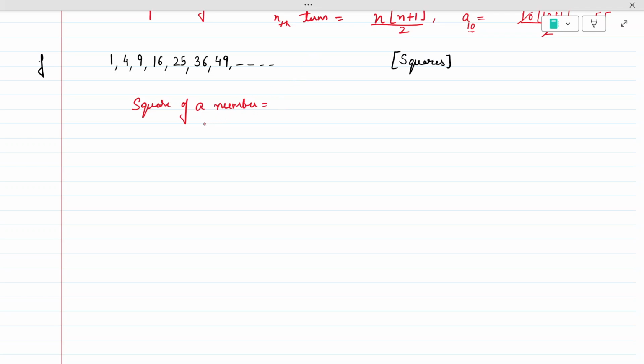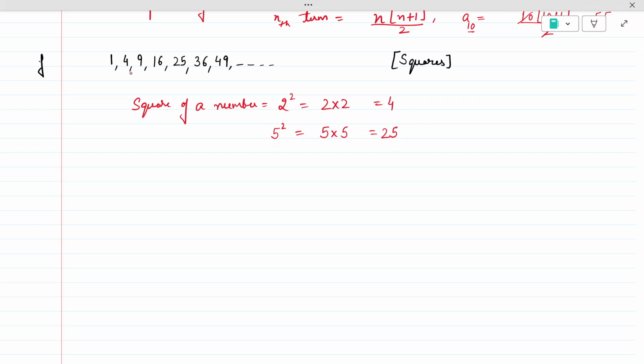If I want the square of the number 2, it will be 2 multiplied by 2, and we denote it by this, the square of 2. That means 2 times 2. This is called the square of the number. Similarly, we can find the square of any term. If I say, what is the square of 5? It will be 5 multiplied by 5, that is 25. And here it was 4. The square of 5 is 25. The square of 2 is 4.